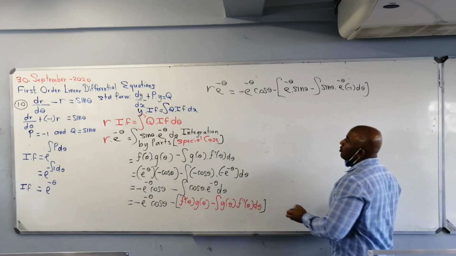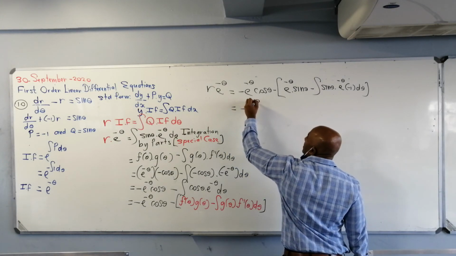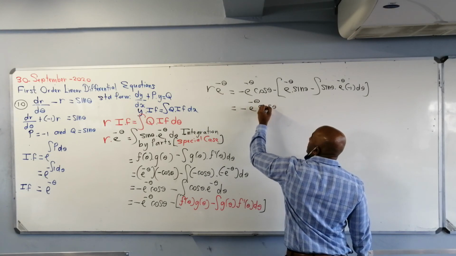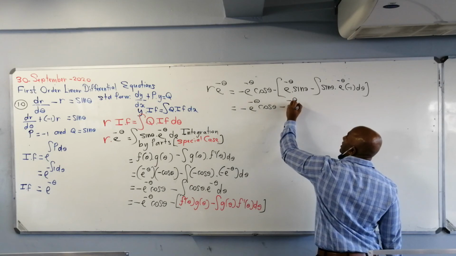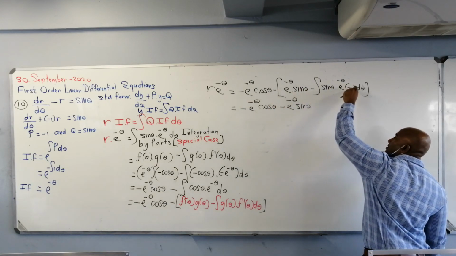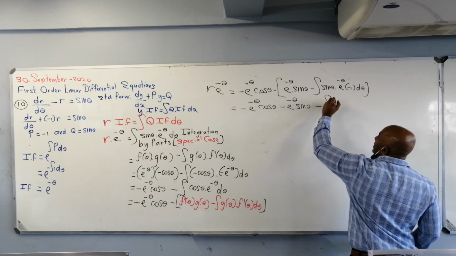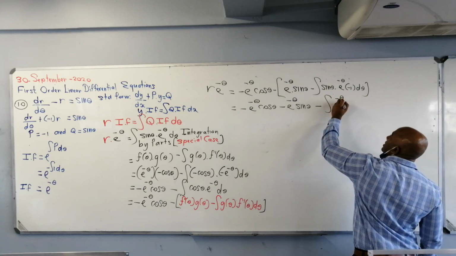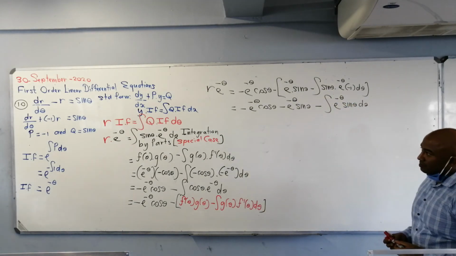Now remove the brackets. So minus e to the power minus theta cos theta here, minus e to the power minus theta sine theta here. Negative times negative times negative is a negative, the integral of e to the power minus theta sine theta d theta.